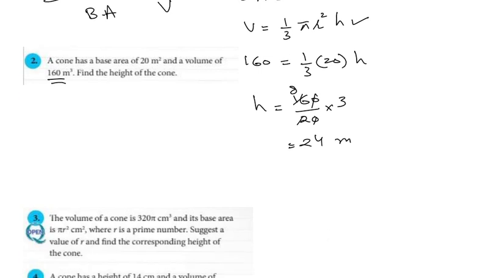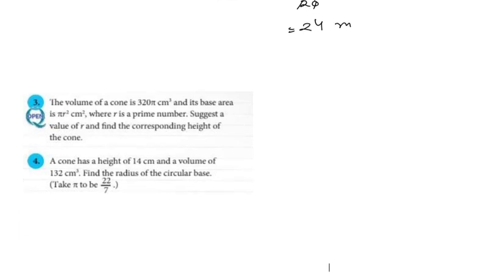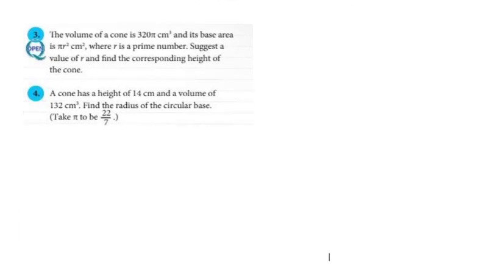Now moving to question number 3 and 4. Question number 3 says the volume of a cone is 320 pi. So volume is equal to 320 pi centimeters cubed, and its base area is pi r squared, where r is a prime number.